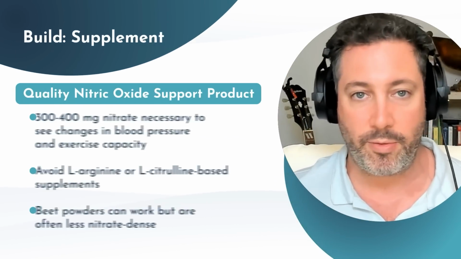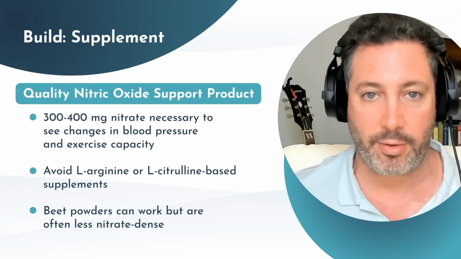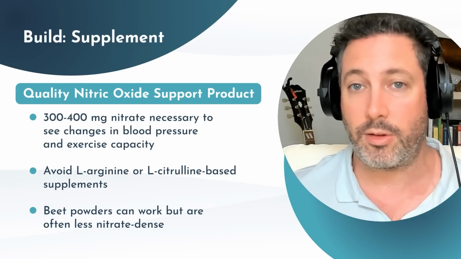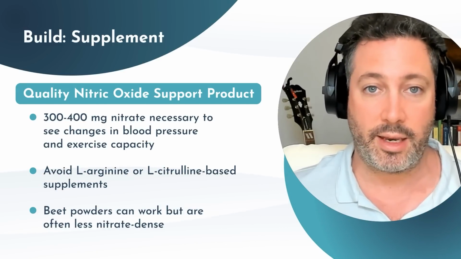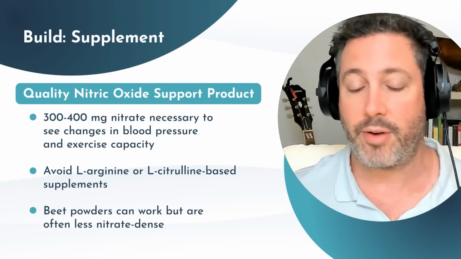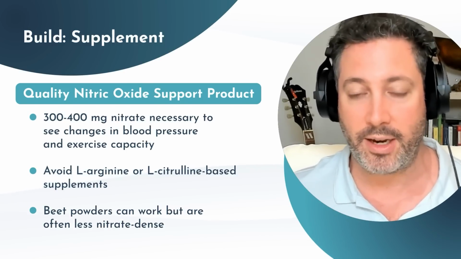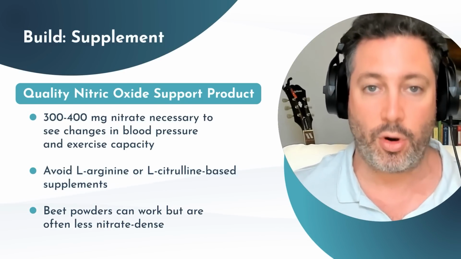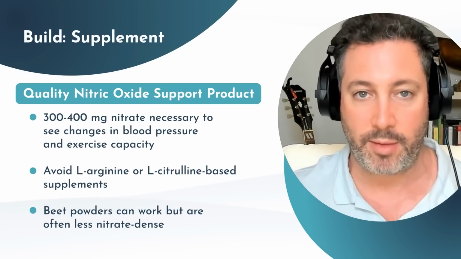So I'm always recommending that at least 300 to 400 milligrams of nitrates are necessary to start seeing clinical changes in the blood pressure and other aspects of the body functions that are related to normal levels of nitric oxide production, especially based on the dietary nitrate conversion to nitric oxide.